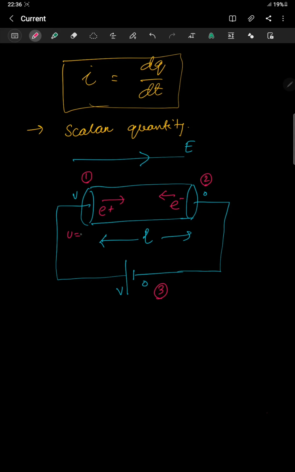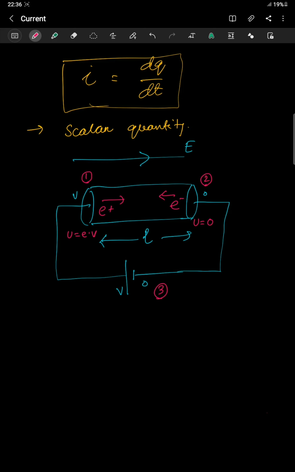Energy will be E into V. Now when it travels to the other side where the potential is 0, your energy will be 0 here. So what does it mean? It means that when the positron starts from position 1, it carries an energy of EV, and during its motion through the length L of the conductor, once it reaches position 2, the value of the energy becomes 0.